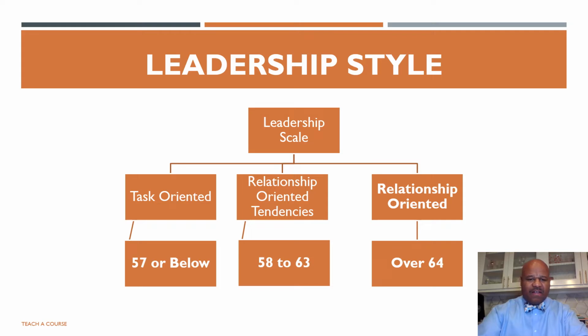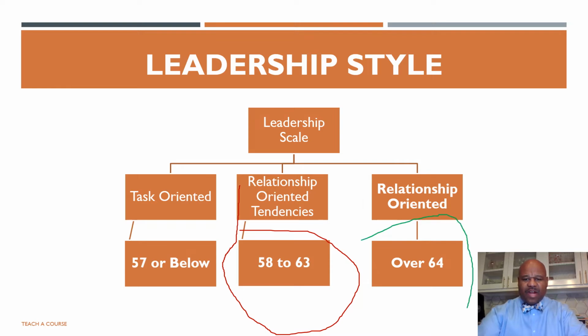If you have a scale of 57 or below, that's where you will score. Then if you have between 58 and 63, you are almost relationship oriented, but you have majority of the tendencies. But then if you are definitely over 64 on your self-assessment, you're definitely going to be relationship-oriented leadership style.